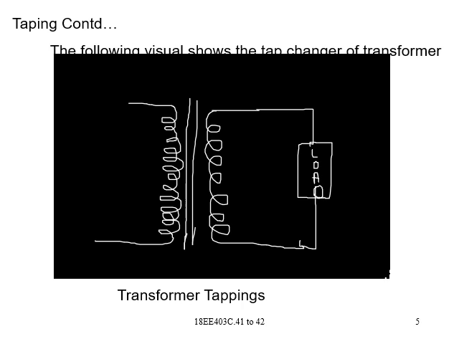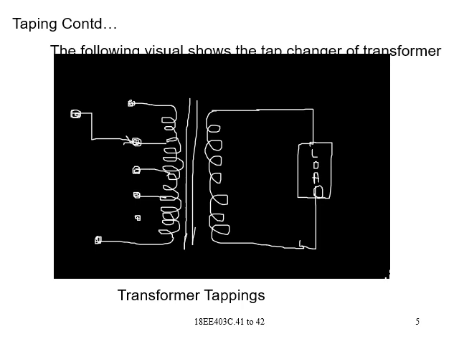And the supply to this is given through the tappings. There are some tapping points. So this is actually a tap changer. You can connect either over here or here or here.